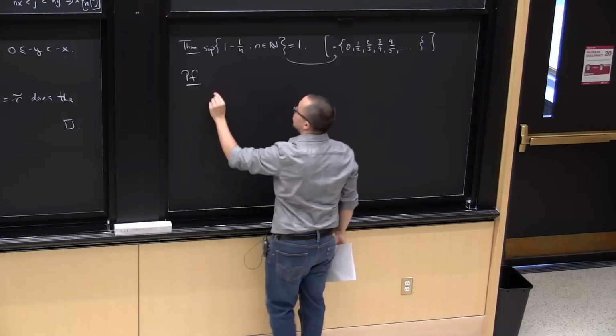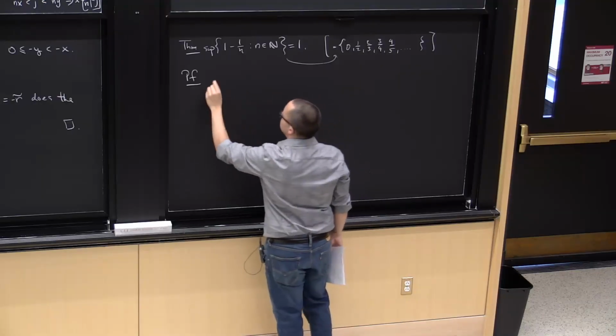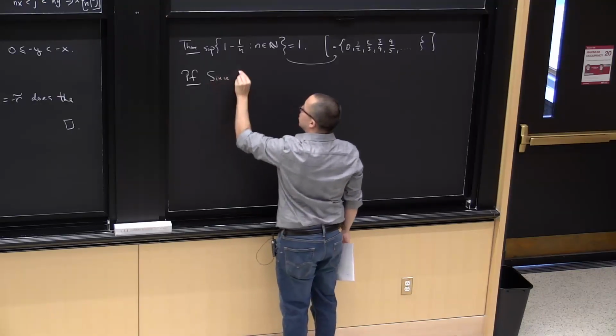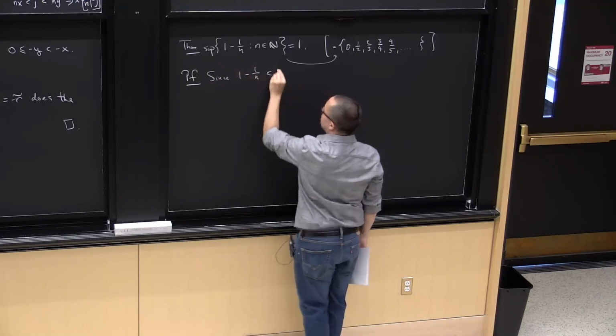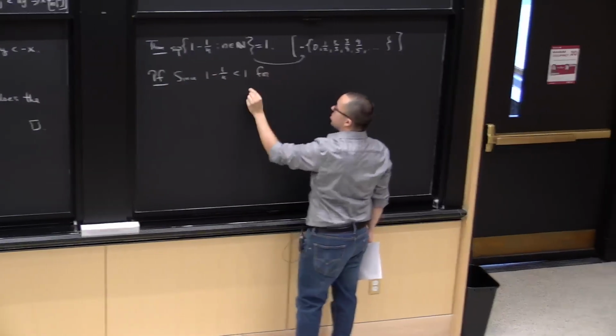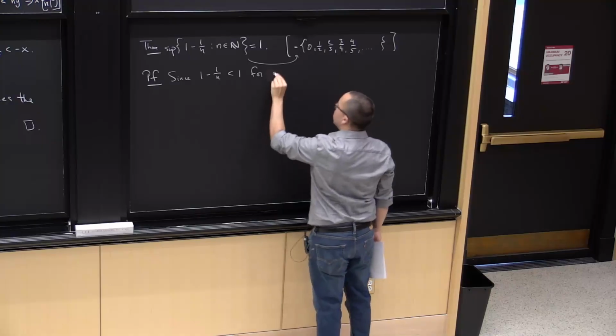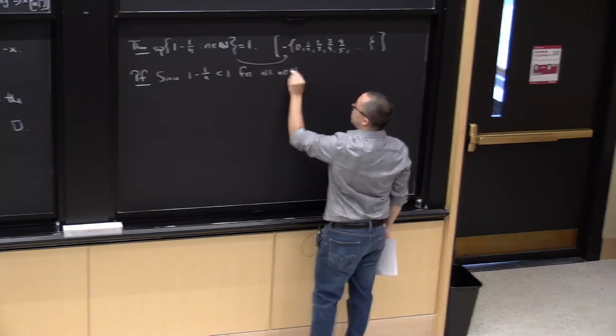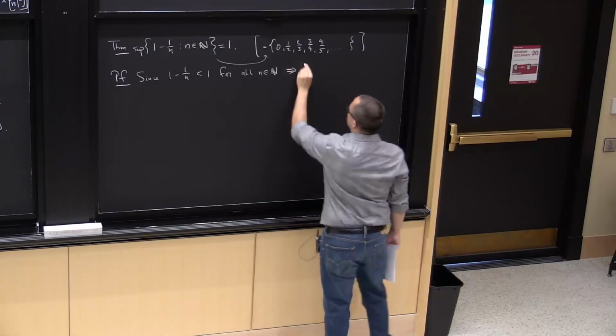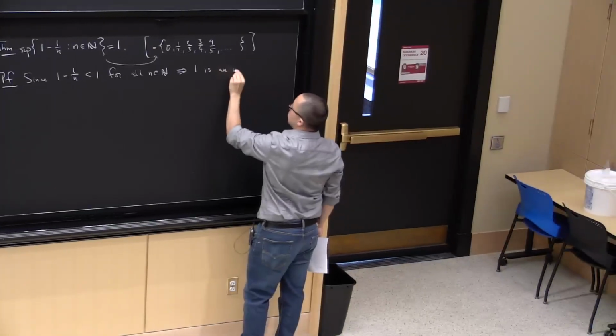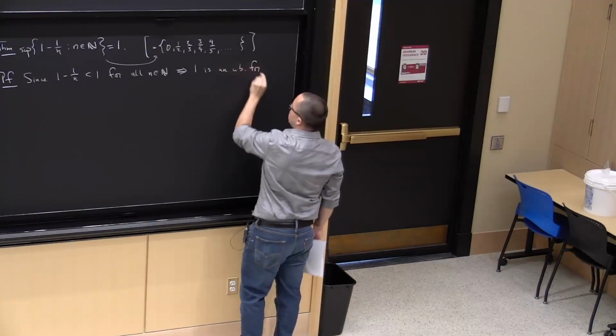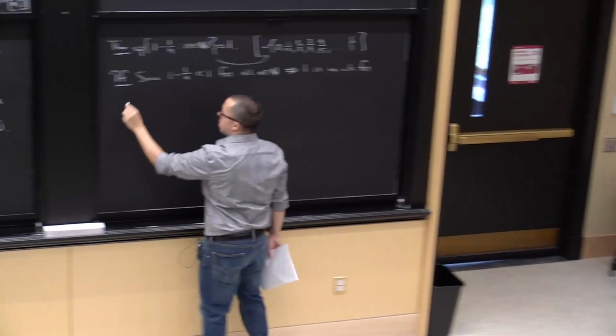First off, since 1 minus 1 over n is less than 1 for all natural numbers n, this implies 1 is an upper bound for this set.